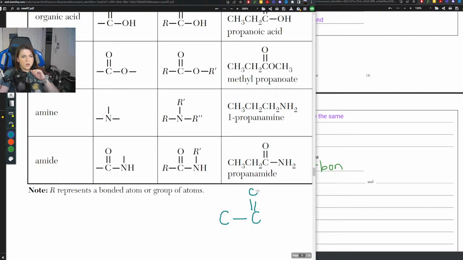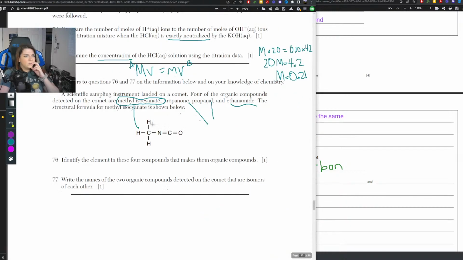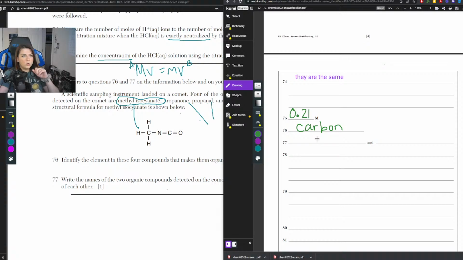I'd have the double bonded O, and then I would have an NH2, and a hydrogen here, and here, and here, right? So I'd have C2H, 1, 2, 3, 4, 5, and a single O, and a single nitrogen. C2H5ON. C2H3ON. You see how I'm short on the hydrogens? So this one has to be the propanone and the propanal.